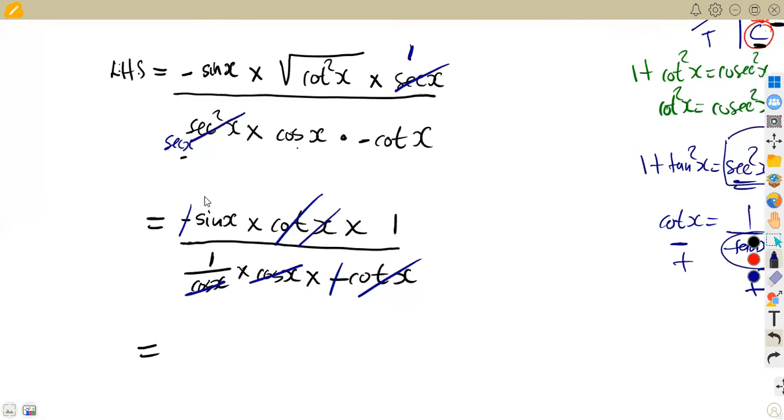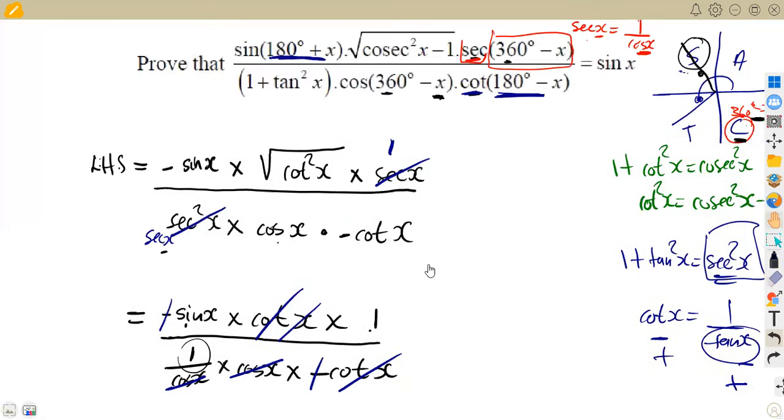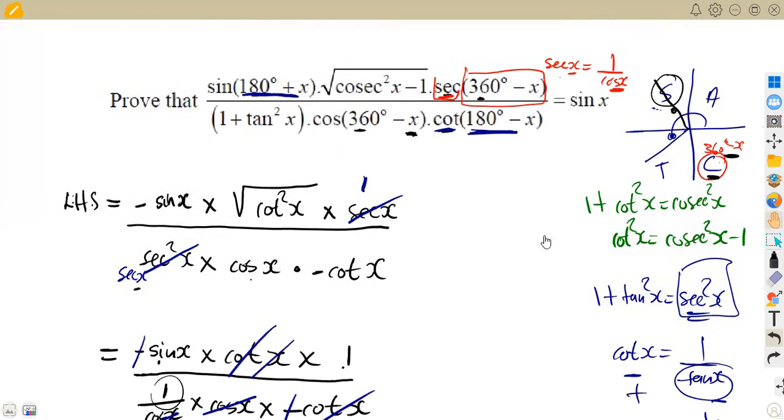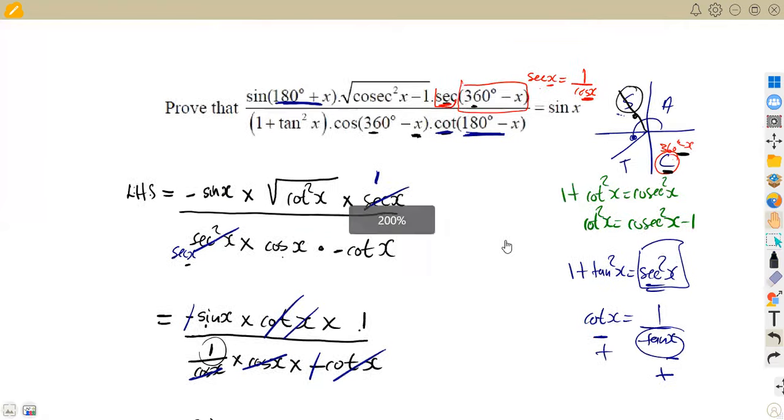All right, so here we are just remaining with the positive sine x and 1. So we are going to multiply these two. That's sine x times 1. It is going to give us sine x over 1. In this case, we are just left with the 1. So sine x over 1 is simply the sine of x. And this is exactly what we were given on the right-hand side. So as you can see, this is equal to the right-hand side.